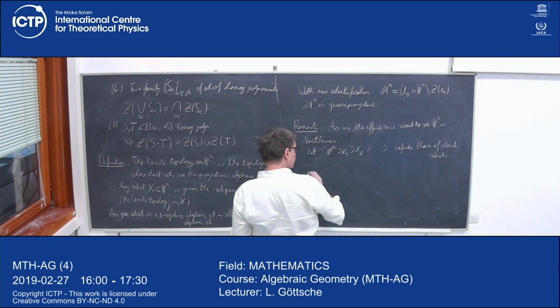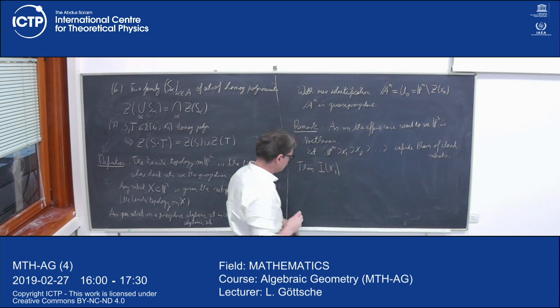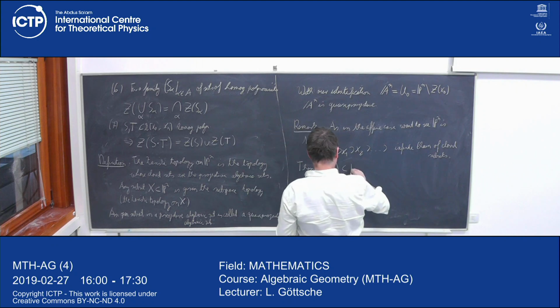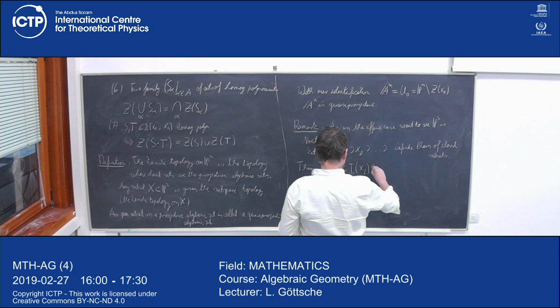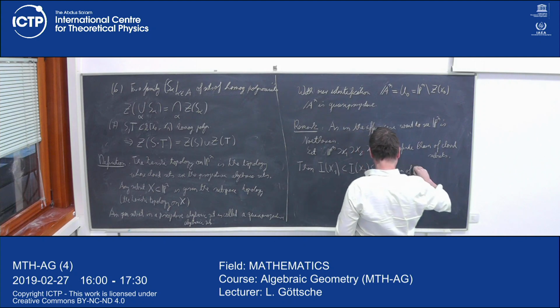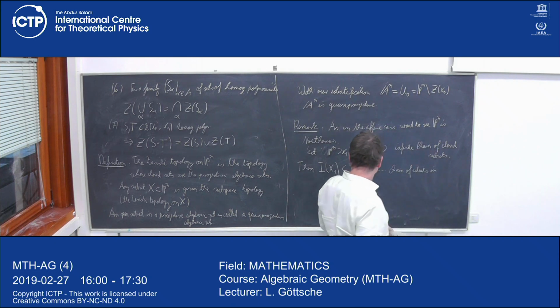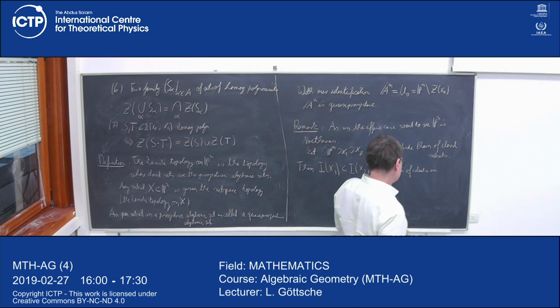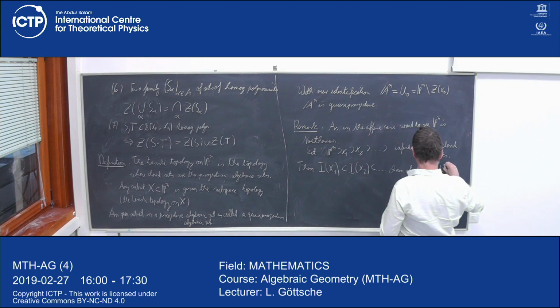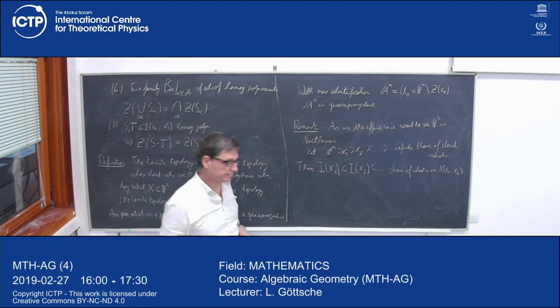Then if I take the corresponding homogeneous ideals, I(X1) contains I(X2) and so on, this is a chain of homogeneous ideals in k[x0,...,xn], and so it becomes stationary.